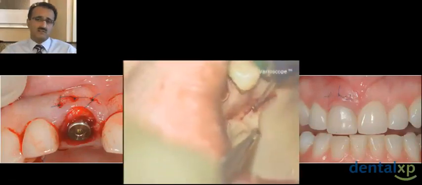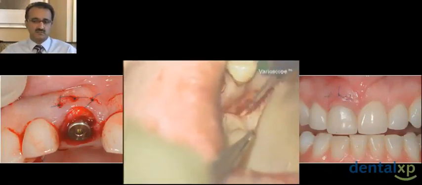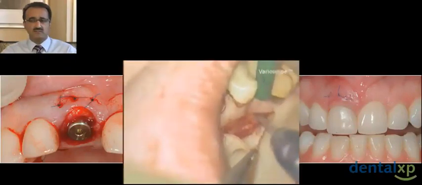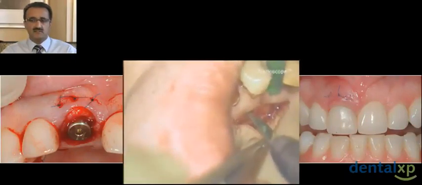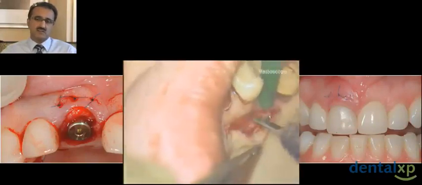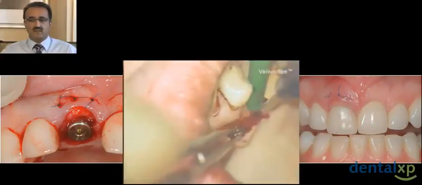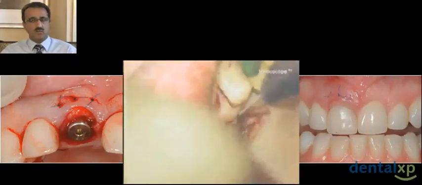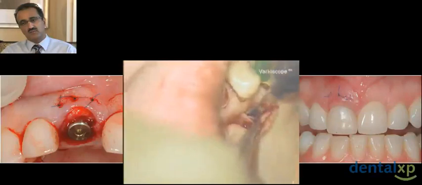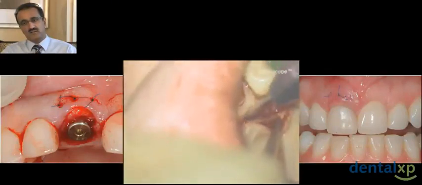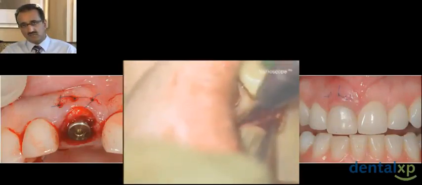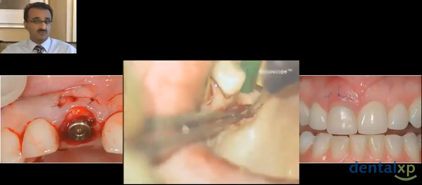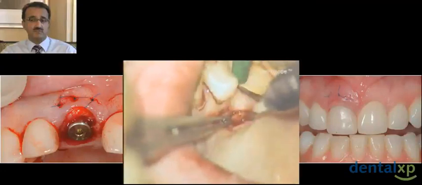We make a superficial dissection of the tissue palatally, about a millimeter or so below the tissues, and then we take a deeper cut down to the level of bone, as you can see here, and we then dissect down above the bone and take a wedge of connective tissue out from the palate in this way, typically going mesial to the palatal root of the first molar and forwards, or if we have a tuberosity, that's even better because the quality of the tissue tends to be better there.